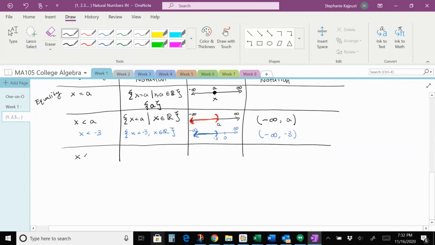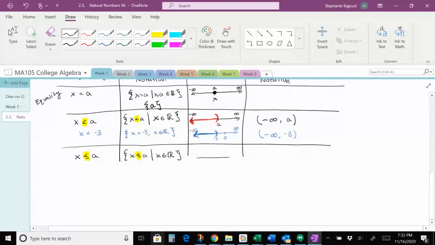Similar to the less than, A is the less than or equal to. The set builder looks almost exactly the same. It's just literally a change on that symbol, where instead of the less than, we use less than or equal to. Those are the only things that changed.